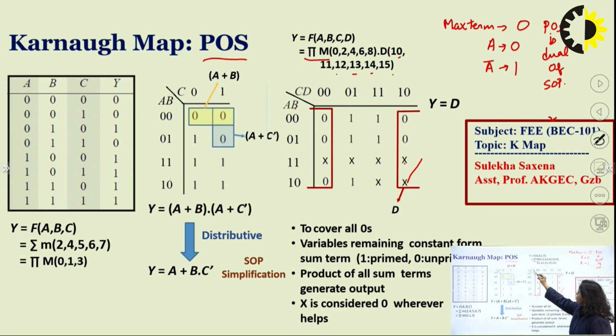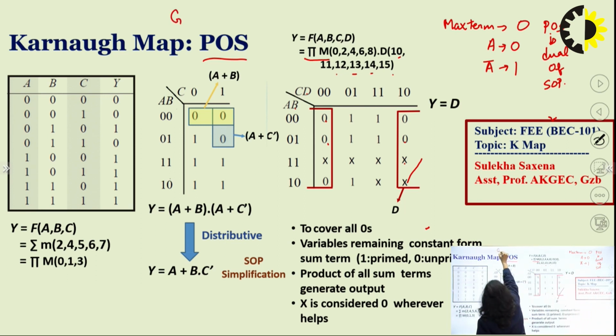We form the 4 variable KMap A, B, C, D and enter 0, 2, 4, 6 and 8 as 0 and the remaining 10, 11, 12, 13, 14, 15 as don't care. And as we form a group of ones in SOP, here we form the group of zeros in POS form.